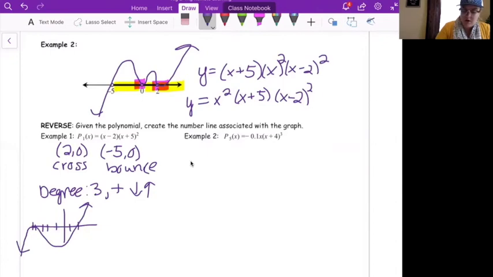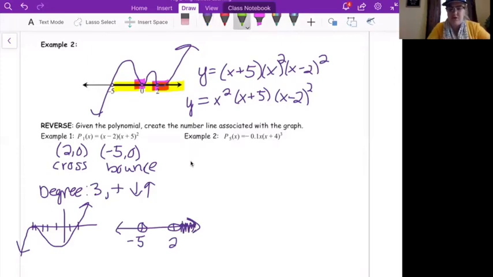And so then on our number line, we're going to put negative 5 and 2 with open circles because those are our zeros. And then the only thing that we're going to shade is from 2 to infinity because that's the only time that it's above the x-axis. And so if we're shading ourselves, we just shade like this, or if you have a highlighter, you could also use a highlighter to signify that shading.